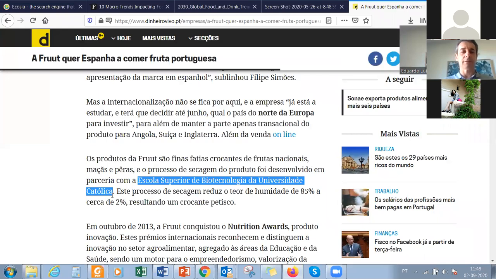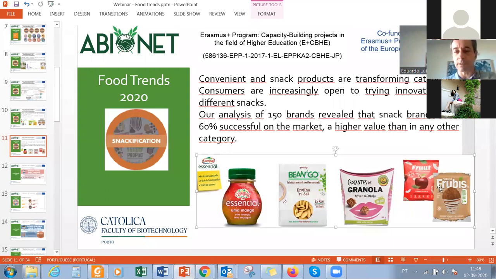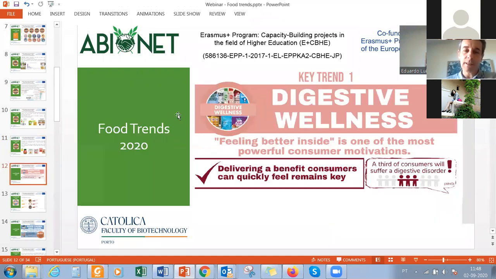It's just a curiosity, but it was an interesting product, and it seems they are having interesting success with it. So snackification. And the relevance of wellness concerning the digestive process, so also the microbiome things.